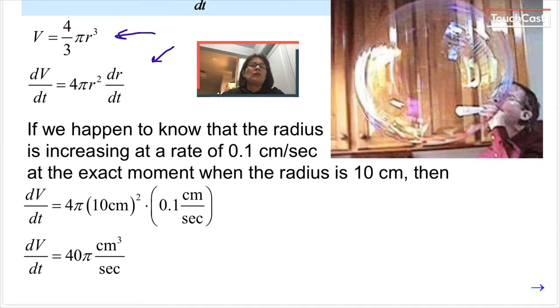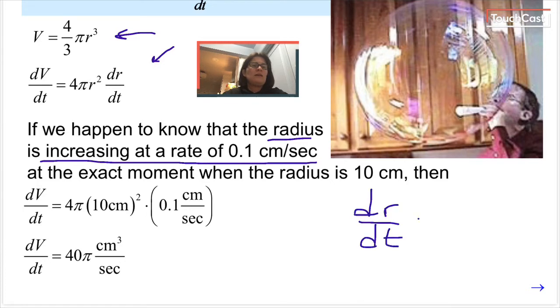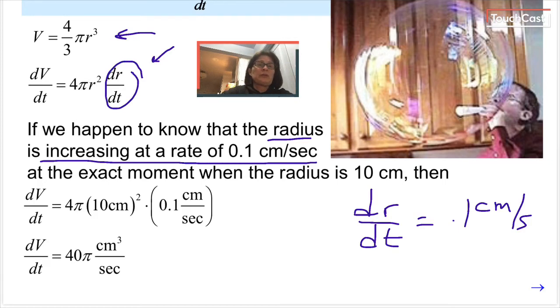If the radius is increasing at 0.1 centimeters per second, that tells me that dr/dt is 0.1 centimeters per second. So I'm going to replace dr/dt with 0.1 centimeters per second. And I also happen to know that I care about when the radius is 10 centimeters, so I'm going to replace this radius with 10.